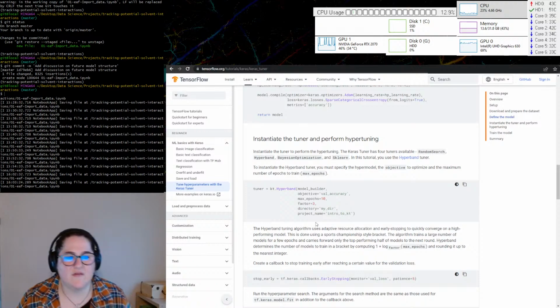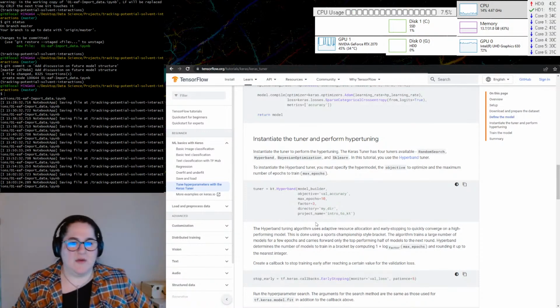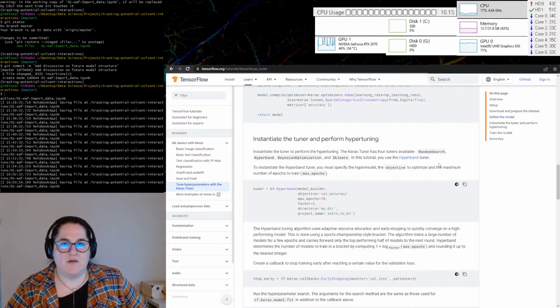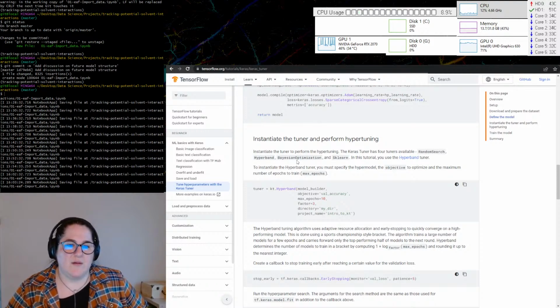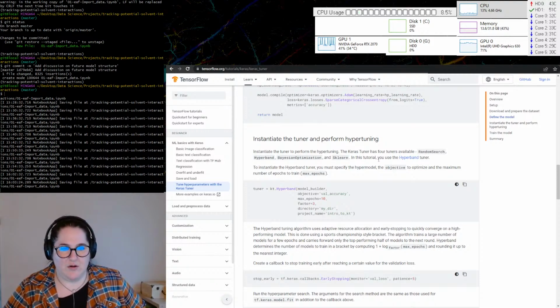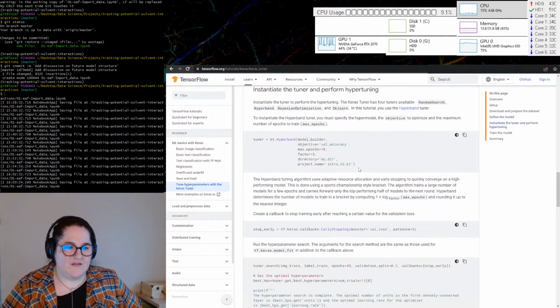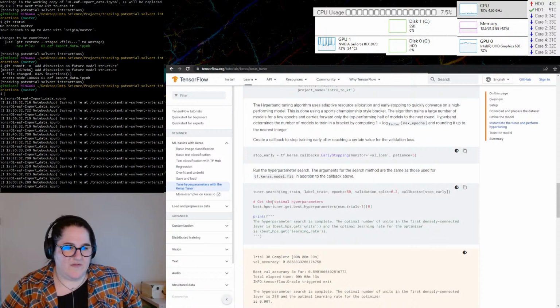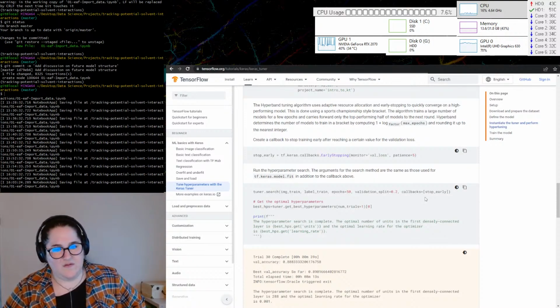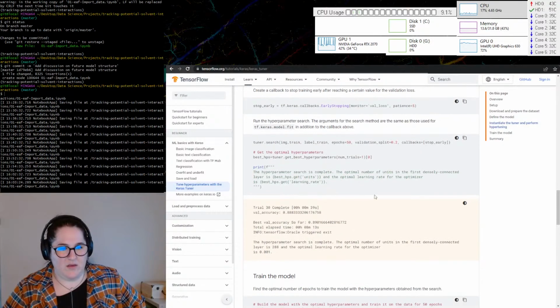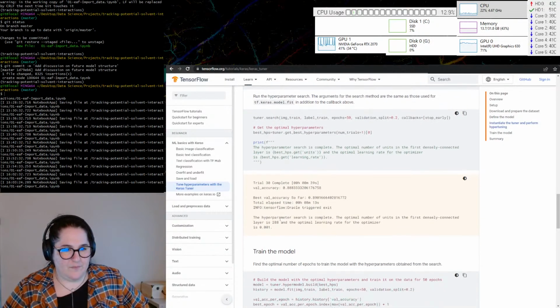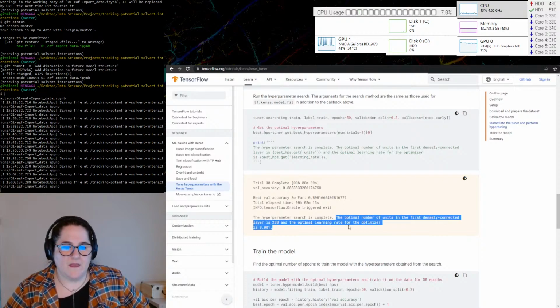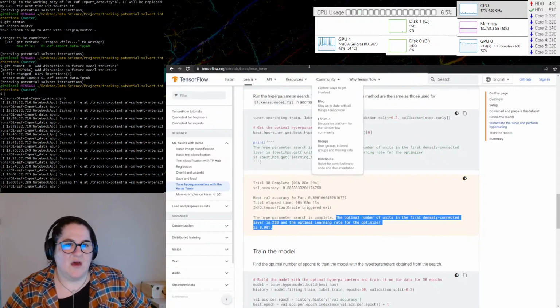Yeah. Okay, this is something that's pretty cool. You can do a tuner, with random searches, you can use Hyperband, you can use Bayesian optimization, or you can pull in stuff from scikit-learn. That's pretty cool, and basically it gives you information about how to start training.